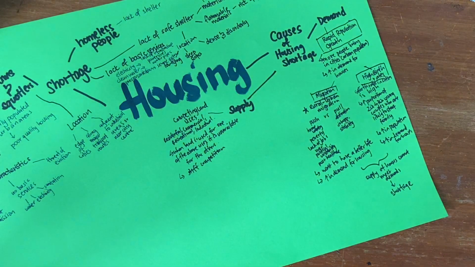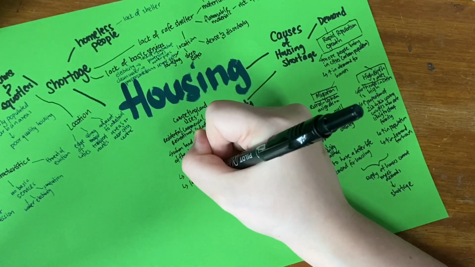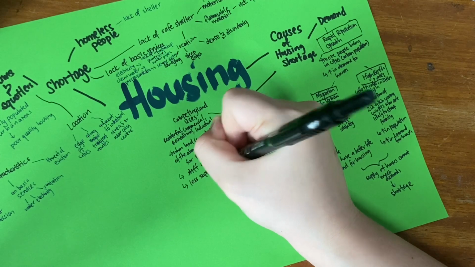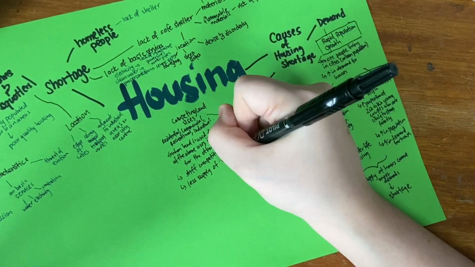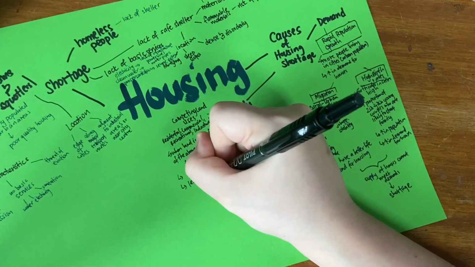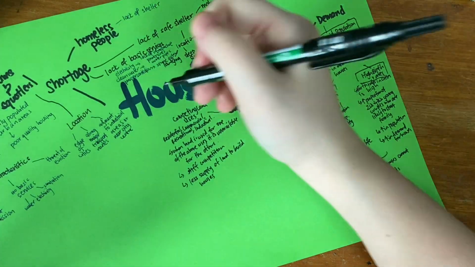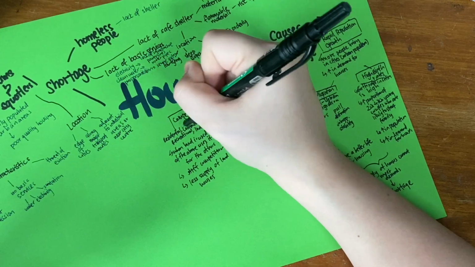So what happens is that there will be less supply of land to build houses lah. Yeah, so this one is because there is competing land use.